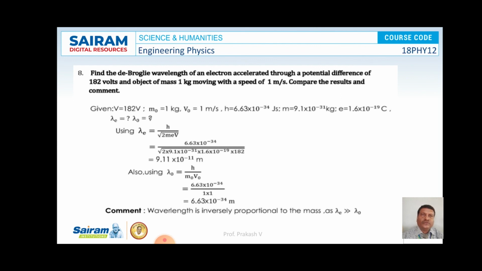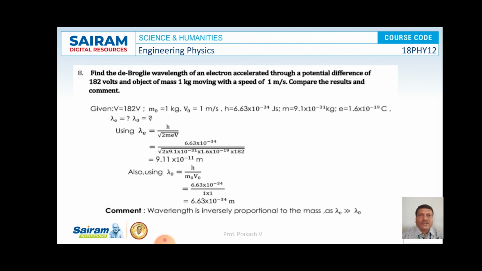Here the value of V is given as 182 volts, the mass is 1 kg, and the velocity is 1 meter per second. Planck's constant is 6.63 into 10 to the power minus 34 joule second, the mass of the electron is 9.1 into 10 to the power minus 31 kg, and the charge on the electron is 1.6 into 10 to the power minus 19 coulomb.